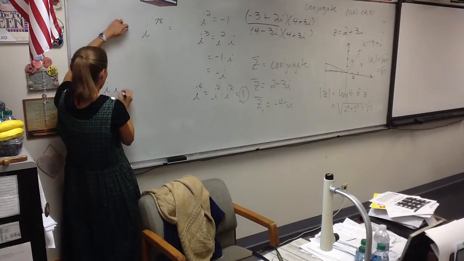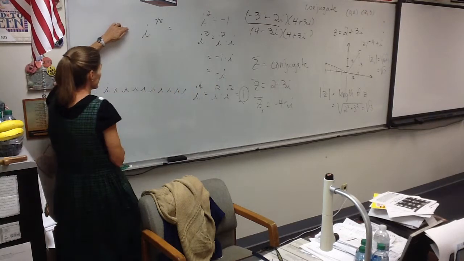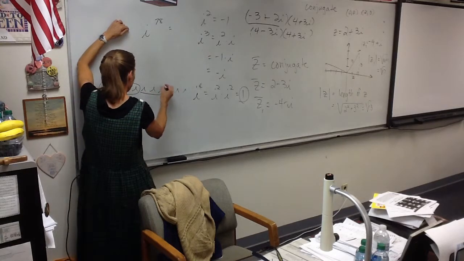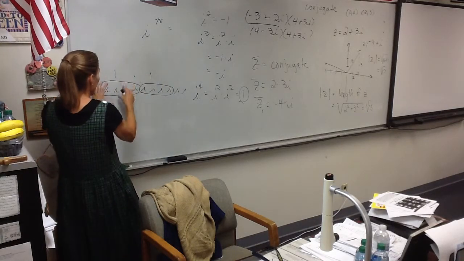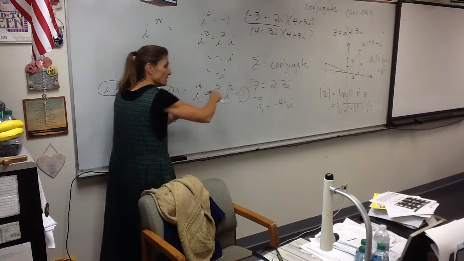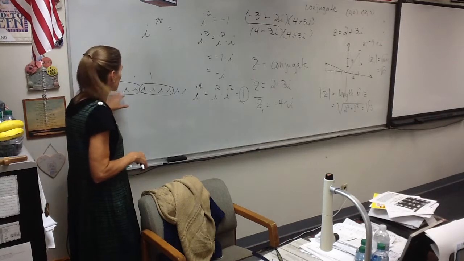So if I wrote out i to the 78, which I'm not going to do, every group of 4 would just make a 1. So I'd have 1 times 1 times 1 times 1, and so on. What am I interested in? Not all these 1s.